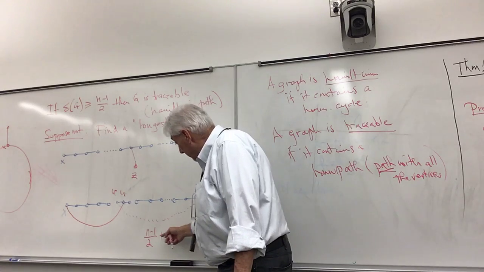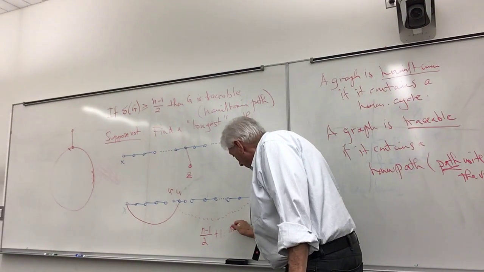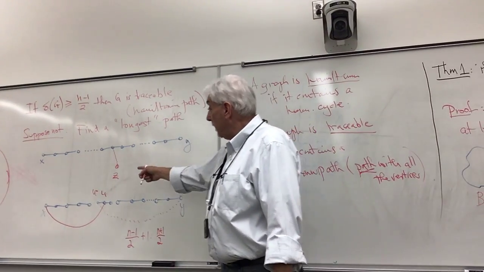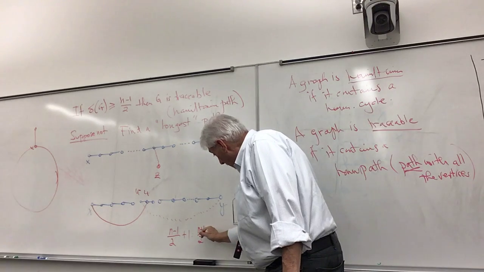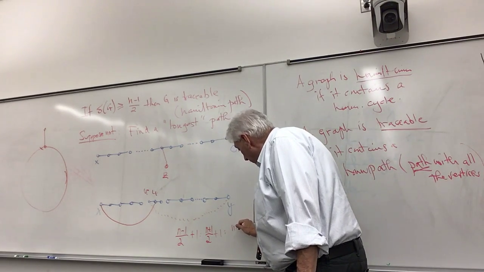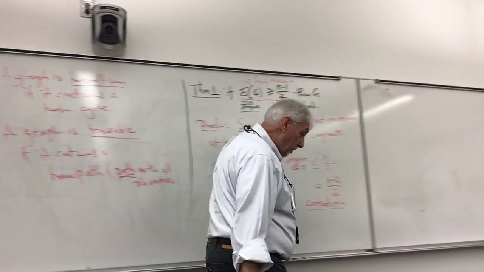So it's not adjacent to, let's see, n plus 1 over 2, and it's not adjacent to z. So y is not adjacent to n plus 3 over 2.